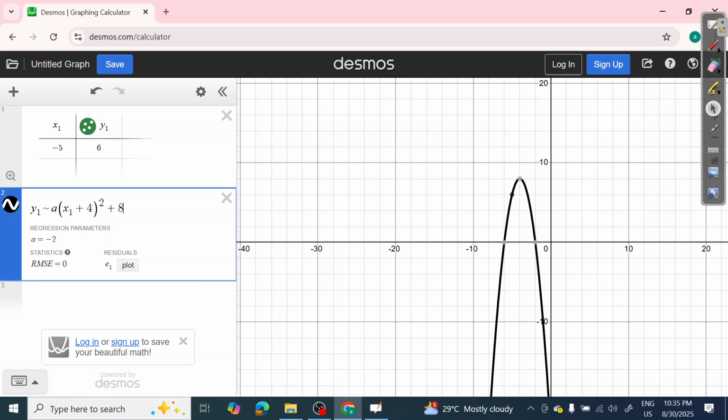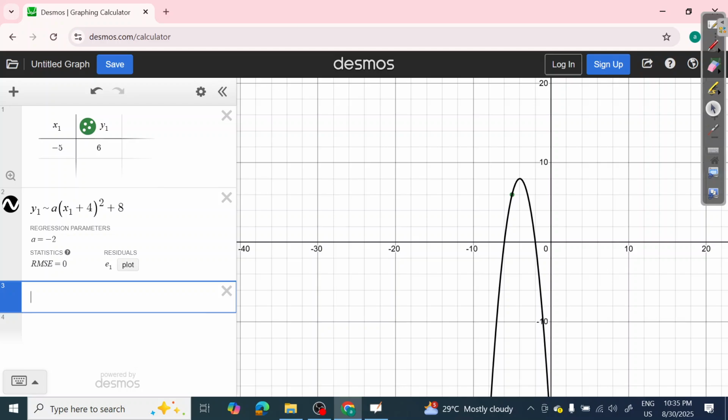And 1 point is already given. That's the reason whenever the equation is given in vertex form, the vertex will always be given and there is only one variable left. So you need only 1 point to find the leading coefficient, which is a. Now you got the value of a. I'll redefine this function.